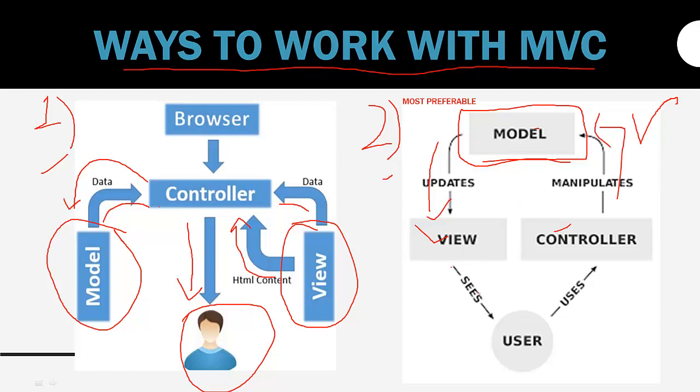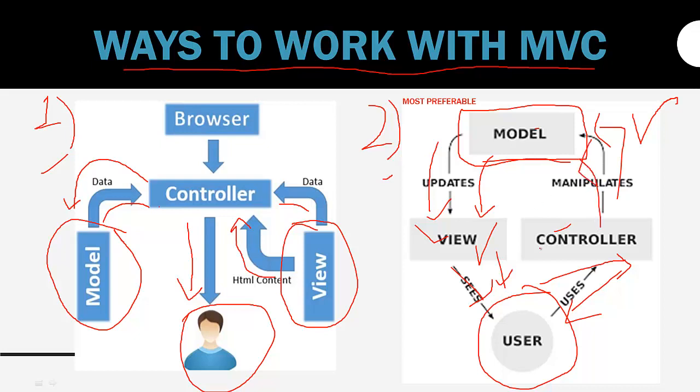The view and controller can both send and receive data to the user, but we will use the view just to send data to our user and to get updates from our model, and the controller to get updates from the user and send updates to the model. So we will use this method.